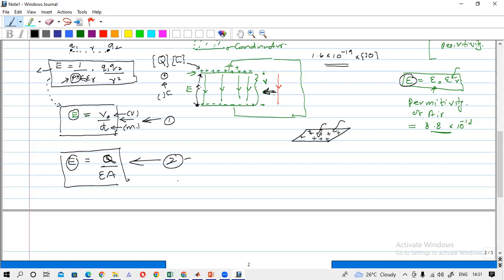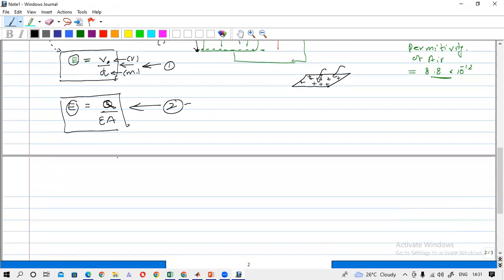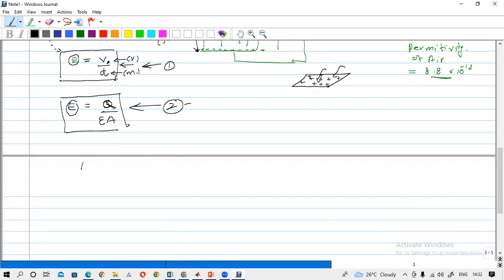So if I equate this one to this, I will get V divided by D is equal to Q divided by epsilon A. Is this okay? So you can get this expression.